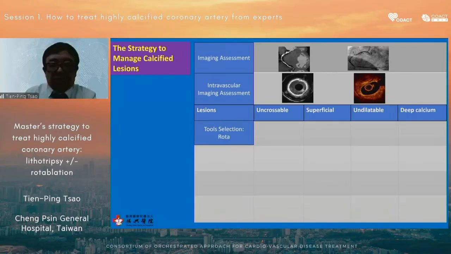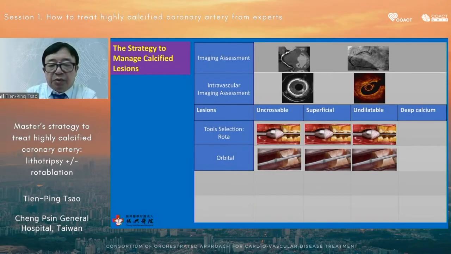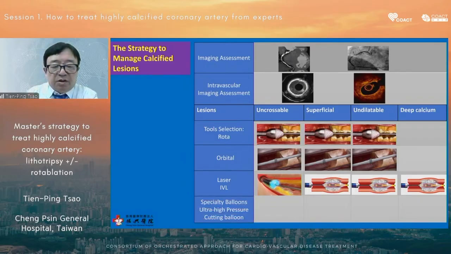For tool selection, a rotablator can be used for uncrossable, superficial, undilatable lesions, and orbital atherectomy also can be used for these. The laser can be used for uncrossable lesion. The IVL can be used for superficial, undilatable, and deep calcium. For specialty balloons, ultra high pressure balloon and cutting balloon can be used for superficial or undilatable lesion.